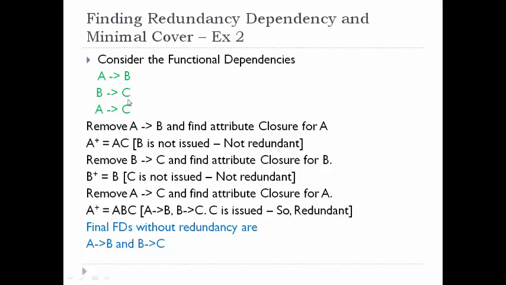Since B is giving C, we have arrived with A, B and C. Since A closure has arrived with A, B, C without the dependency A tends to C, we can say that A tends to C is redundant. So the final minimal cover, that is after removing the redundancy, the functional dependencies are A tends to B and B tends to C.